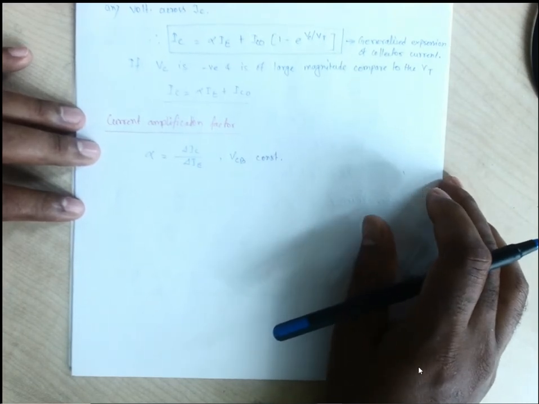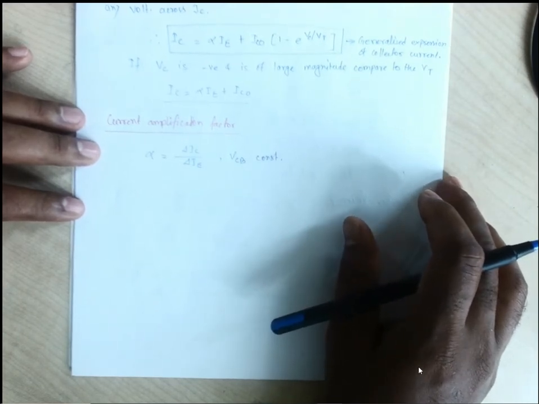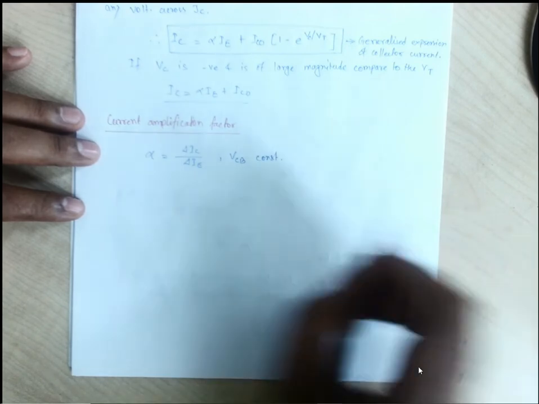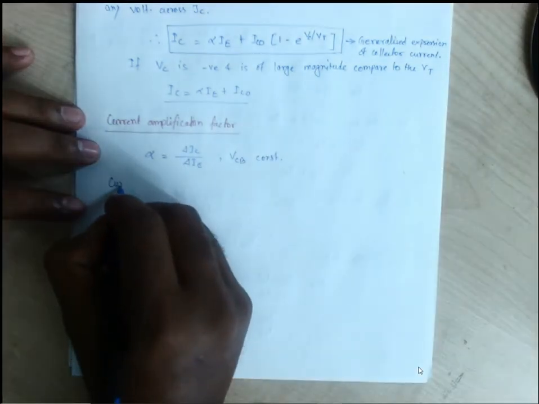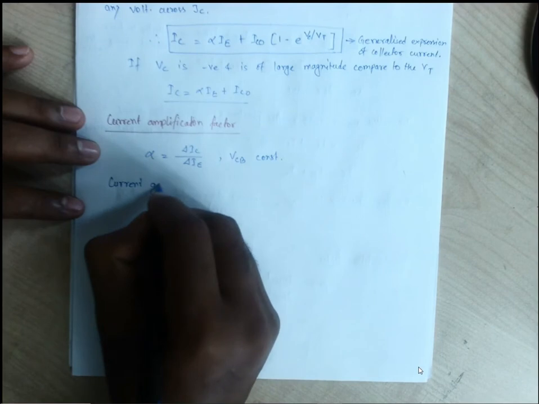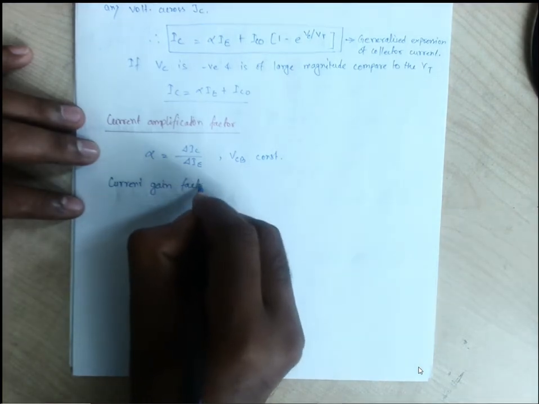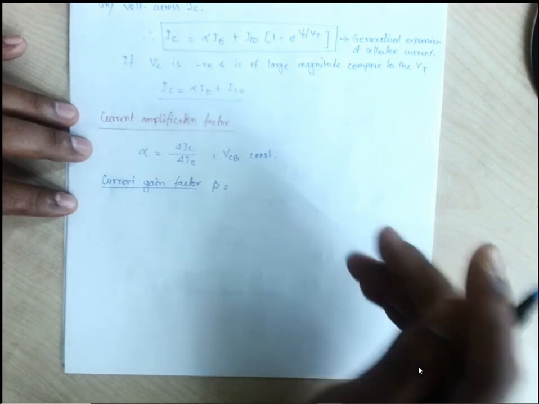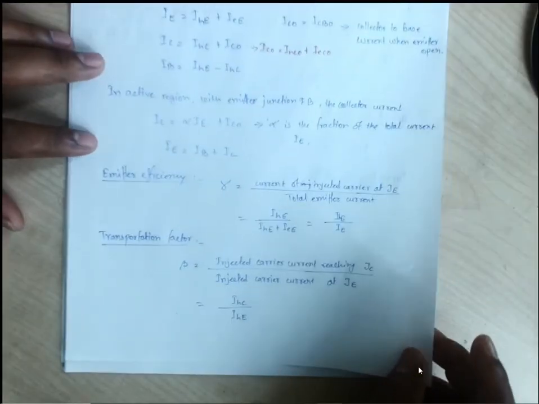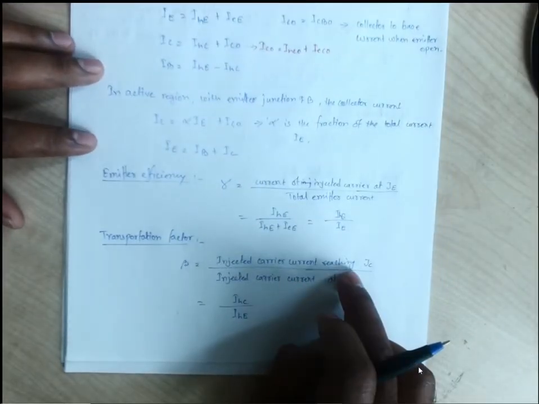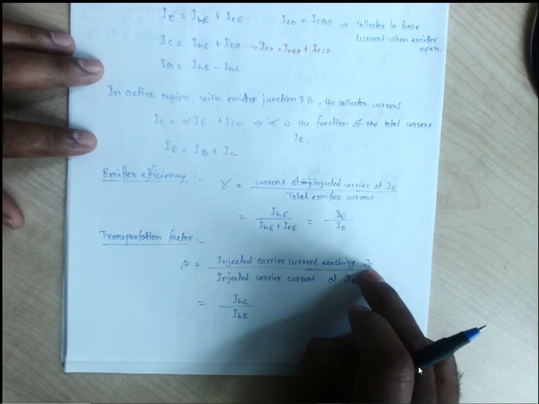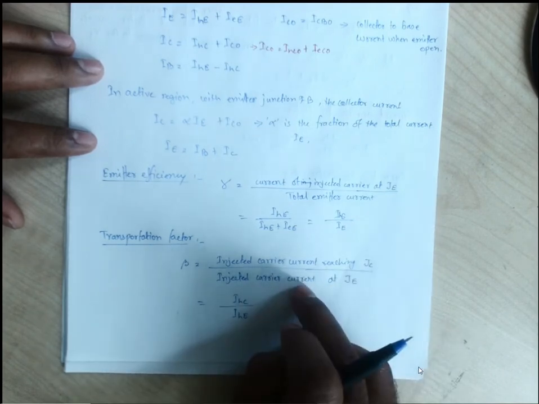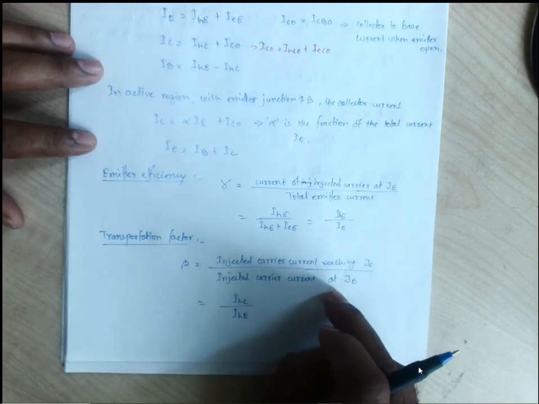And there is another factor known as the current gain factor, which is represented by beta. Previously we chose beta as the transportation factor, the ratio of injected current reaching this JC junction to the total current injected at the JE junction.